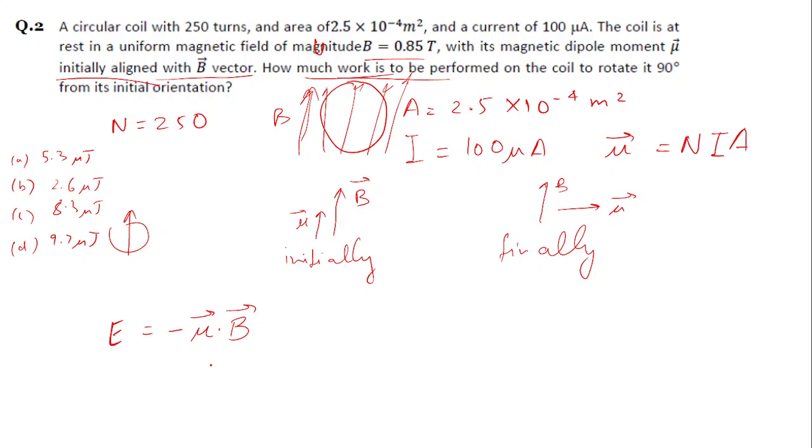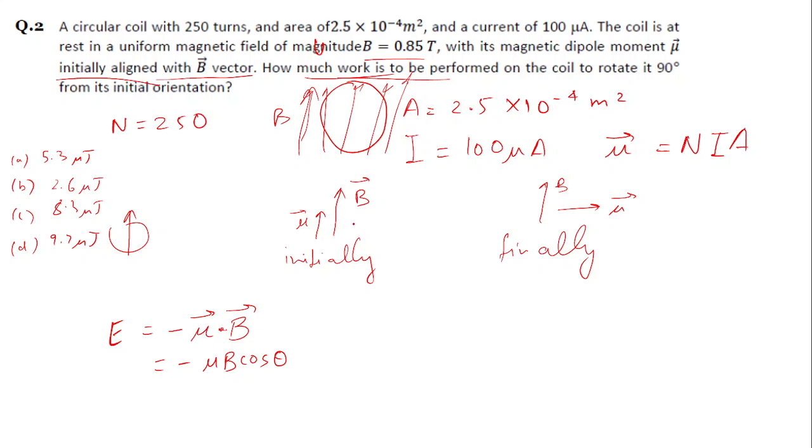This is the formula of the potential energy when magnetic moment is under influence of, or you can say interacting with the field applied. So we have a dot product here. That means this is mu dot B, means this is mu scalar, B, I mean the magnitude, and the dot product of vectors means this is cos theta, the angle between mu and B.